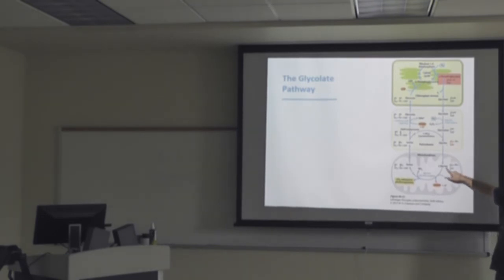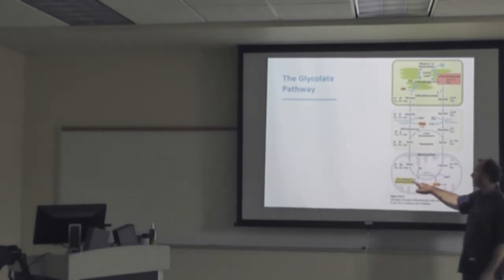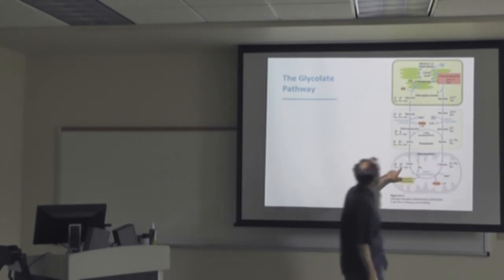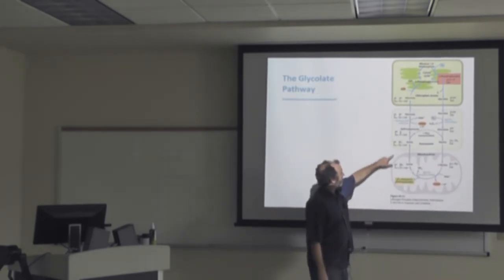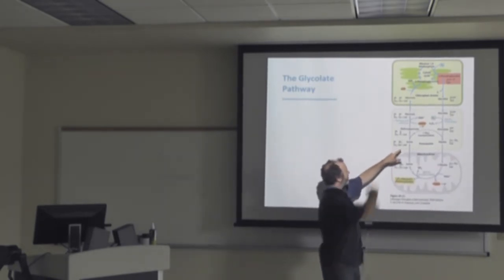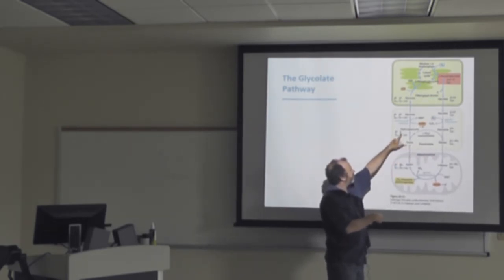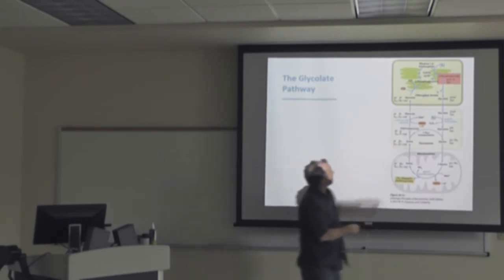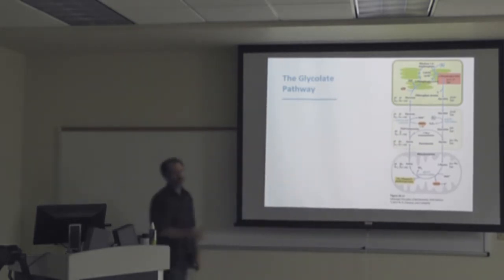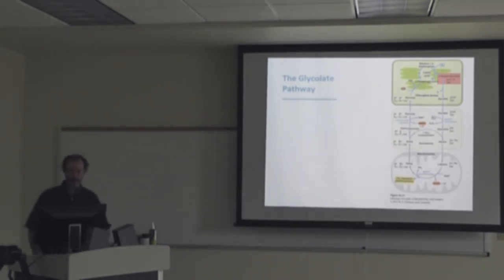Then that glycine will go to the mitochondria, where it'll be oxidized by glycine decarboxylase, which releases carbon dioxide and produces serine, which can then come out and get transamination again, producing hydroxypyruvate to glycerate, and that glycerate can then go back into the chloroplast and be used for sugar production or ribulose 1,5-bisphosphate production.